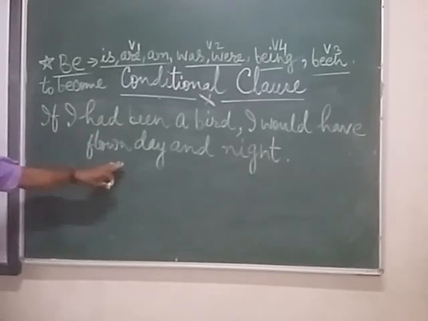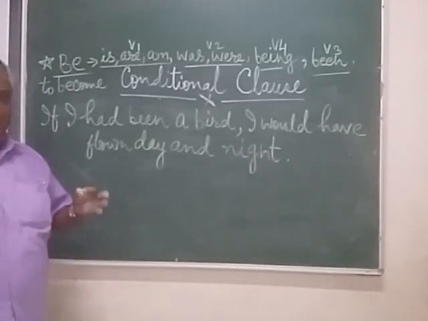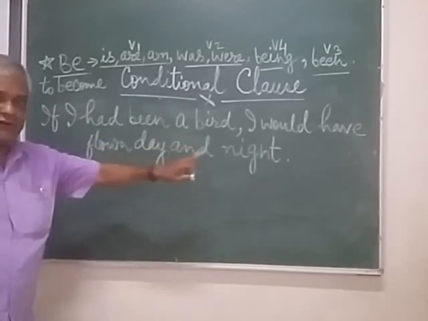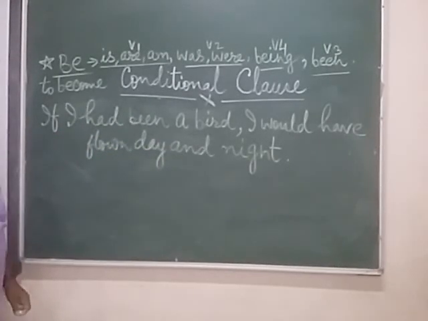This sentence actually beforehand I explained to you in terms of simple past. What I have written in the sentence, if I were a bird. But that sentence also can be written in terms of the past perfect.